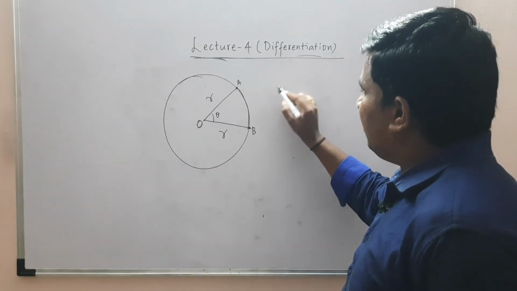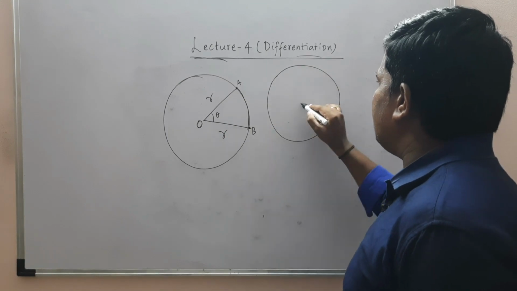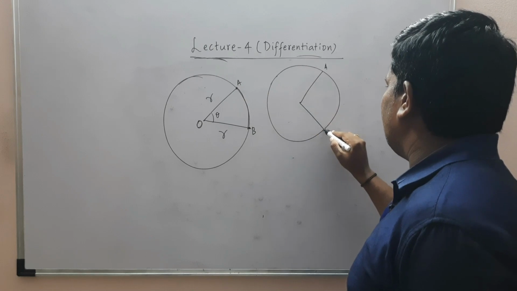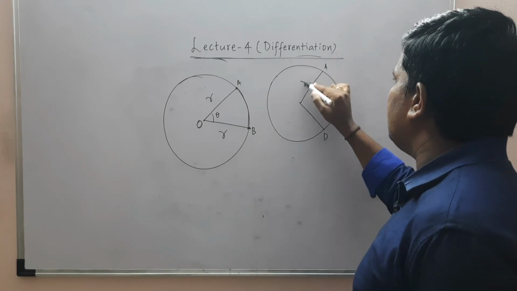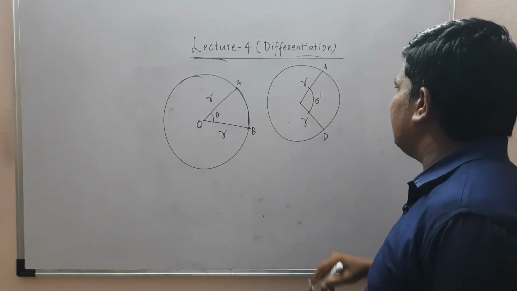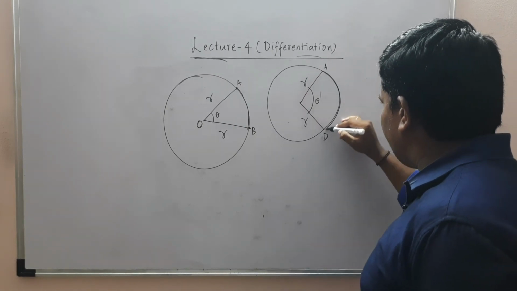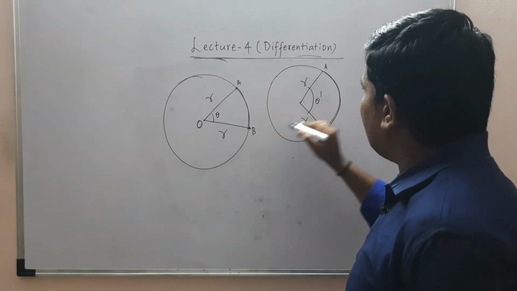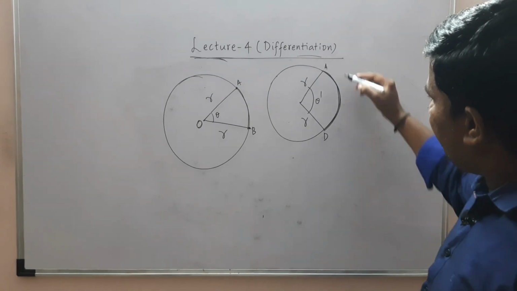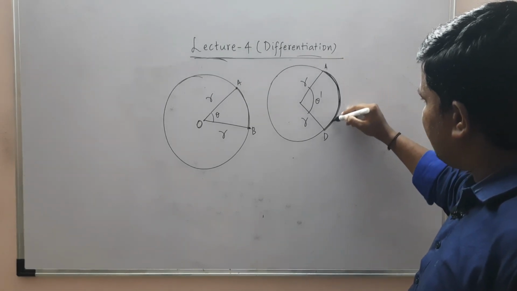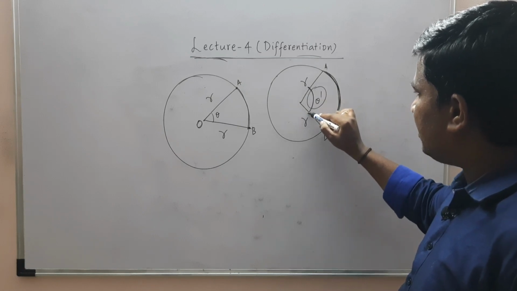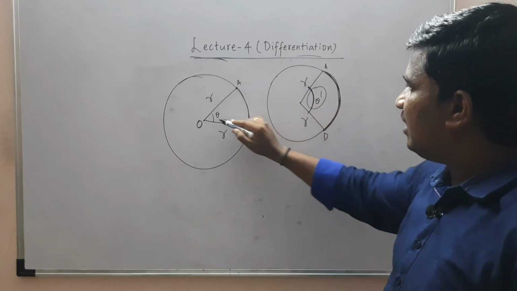See, now you can take something like this. I consider A here, D here, this is R, this is R, here this is some theta dash. So this arc, if you see, obviously the length of this arc will be more. So if the length of the arc is increasing, the angle subtended at the center is also increasing. See the angle here, see the angle here.